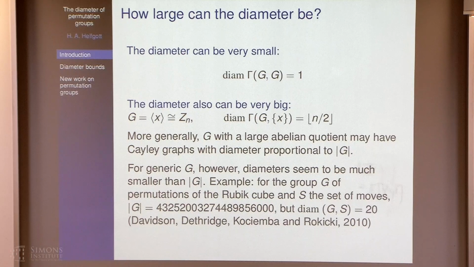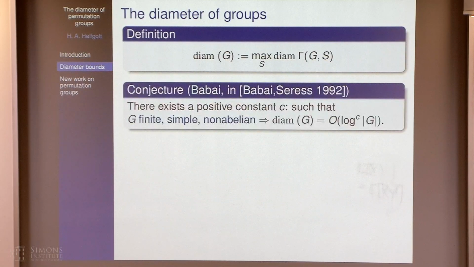And what I'm claiming is that basically the fact that the Rubik's Cube is a nice puzzle, that there is always a short solution, is not something exceptional. It's something that will basically always be the case under some very weak conditions. So define the diameter of the group to be the worst case diameter: the maximum over all sets of generators of the diameter with respect to that set of generators.